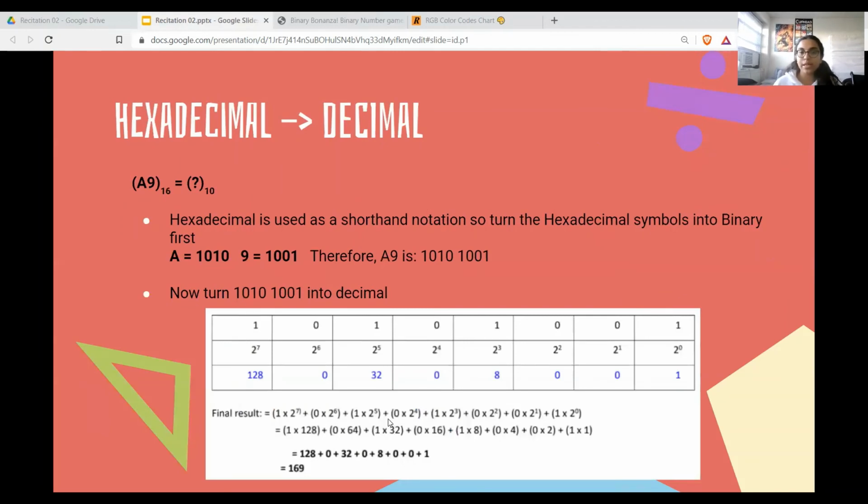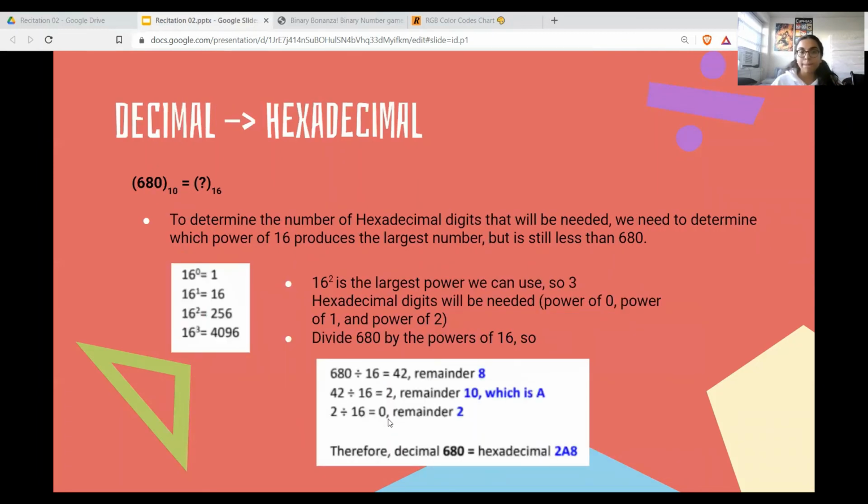Then going to hexadecimal to decimal, the hexadecimal is first converted to a binary equivalent. So here we had the question of A9. First we will find the binary equivalent for A and the binary equivalent for 9. And then after that, we will convert the binary into the decimal with the procedure that we had seen before. Then we have decimal to hexadecimal.